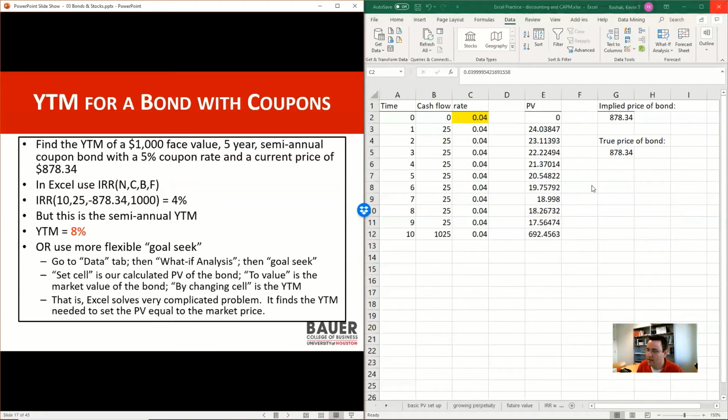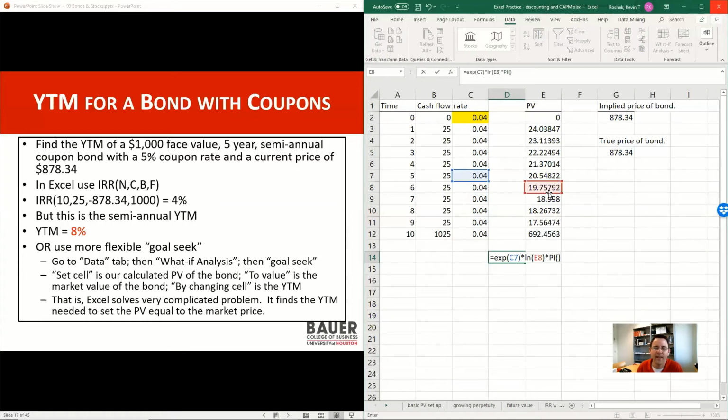With goal seek, we can write any function we want. You can have exponentials. You can have natural logarithms of something else times, I don't know, pi. Yeah, there's a pi function, right?